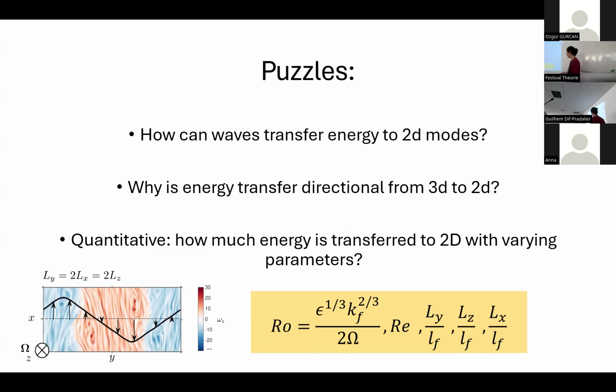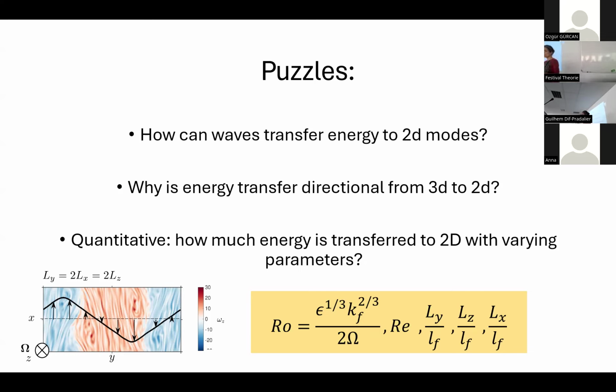We have the Rossby number, which I define on the forcing scale. We have the Reynolds number, which again I define on the forcing scale. And then we also have the aspect ratio. My aspect ratio is not the same in Y and Z. So this is a box that has the same height as X, but it's elongated in Y.